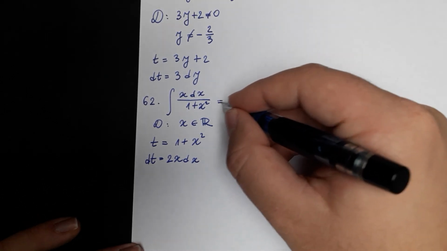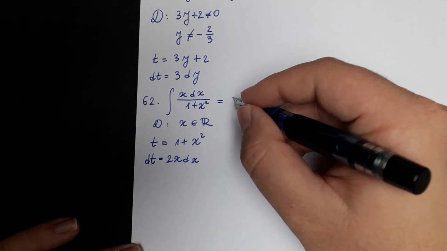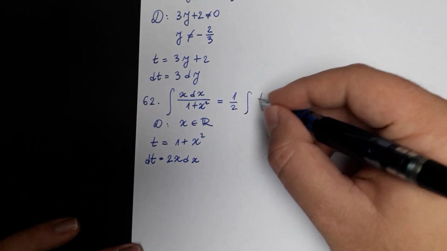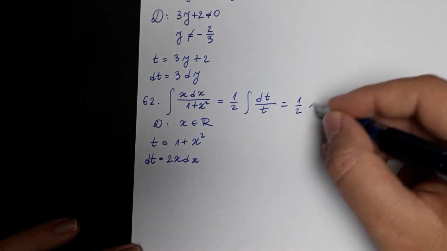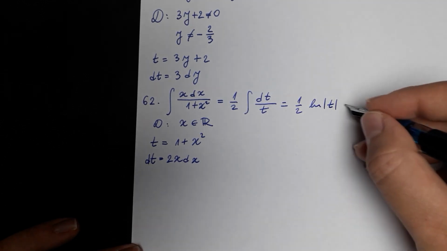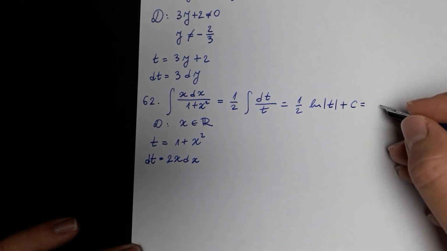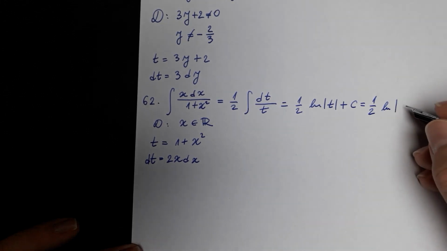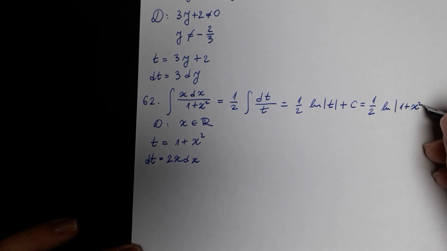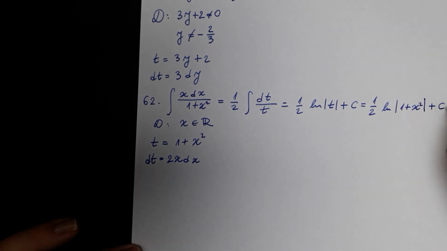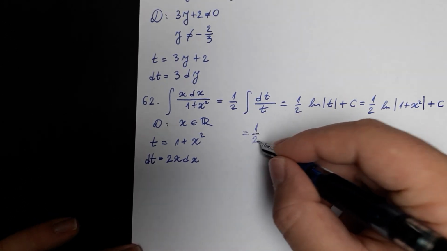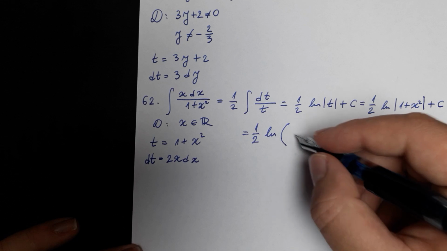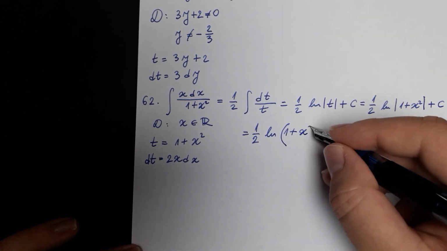Our integral then gets transformed into the t world as 1/2 of the integral dt over t, and that is equal to 1/2 of the ln of the absolute value of t plus c, which is equal to 1/2 of the ln of the absolute value of 1 plus x squared plus c. As 1 plus x squared is always larger than 0, we can omit the absolute value in this case.